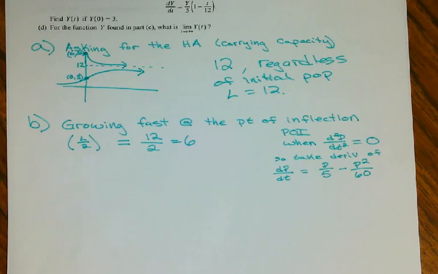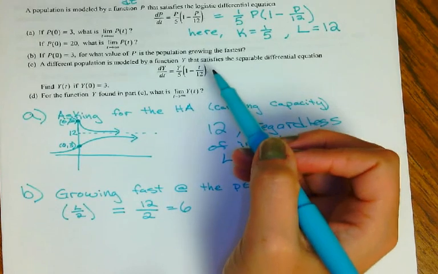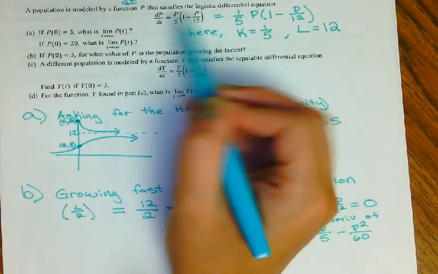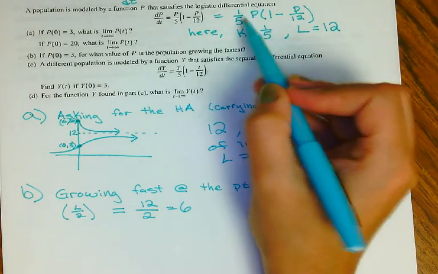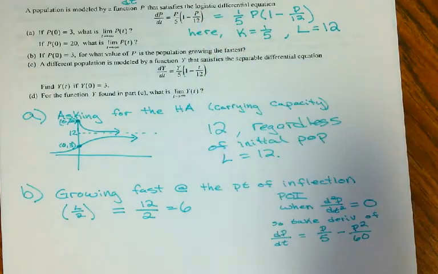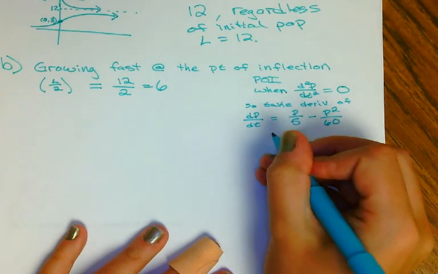If you're curious as to why that works, remember, your point of inflection occurs when the second derivative equals 0. So you can go back up to this first derivative that they gave you, and then take the derivative of it. I took this p over 5 and distributed it. Now I can take the derivative of that.